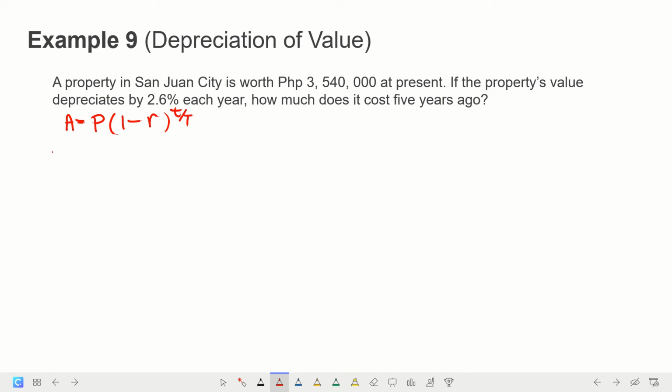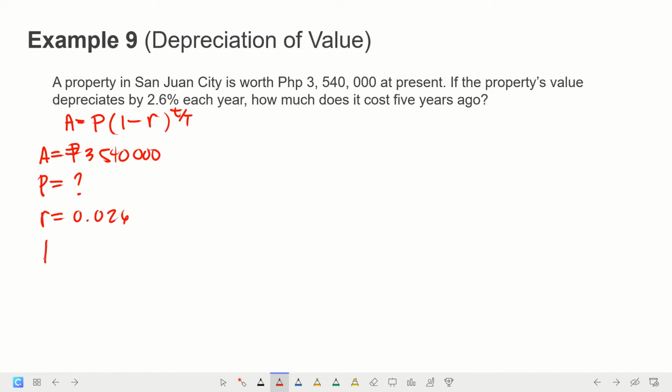So, our given, we have our present amount, which is 3,540,000. And then, we don't know our initial value, 5 years ago. So, our rate is equal to 0.026.